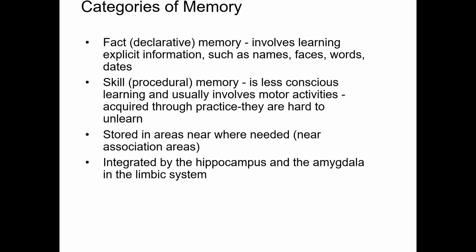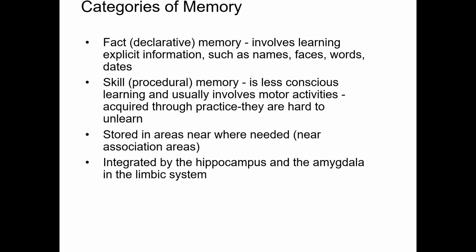Now, a lot of the fact and skill memory are stored in the areas of the cortex where we need to use them, near all the association areas. The visual association area, for example, would have fact memory stored on names and faces or addresses.